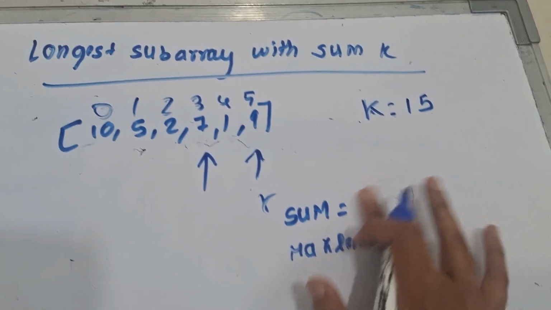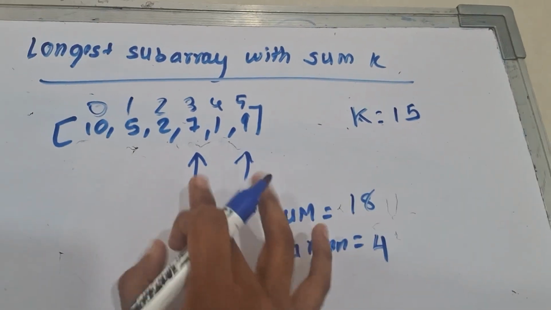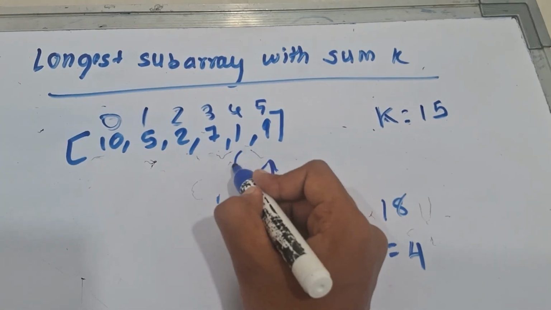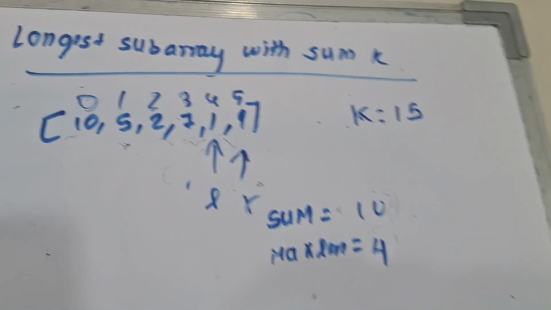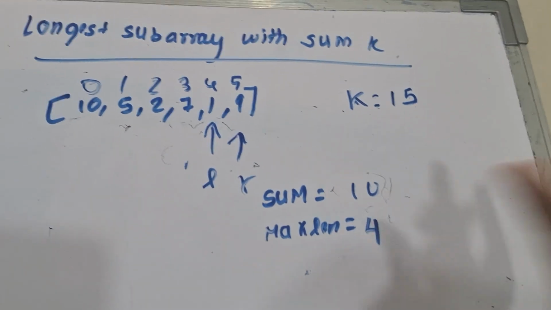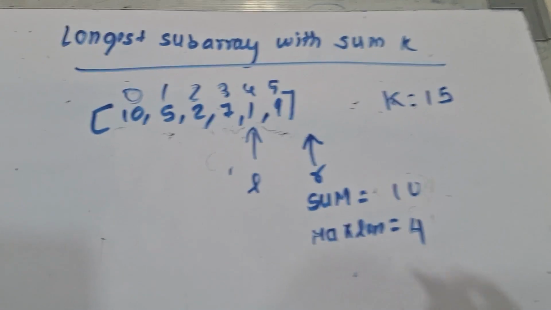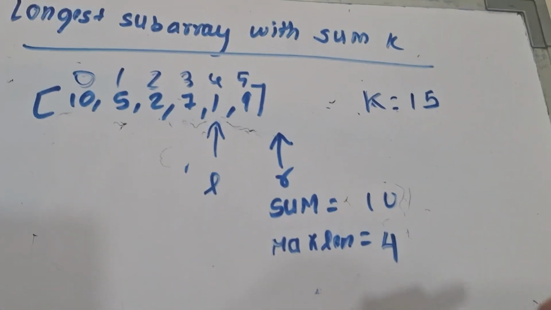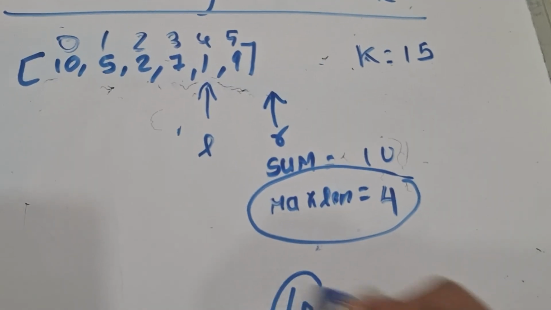So our sum becomes 18, which is still more. So we again keep shrinking and our sum becomes 10. Now it's less and we move our right. And as our right is out of bounds, we stop here and we return our maximum length, which is 4.